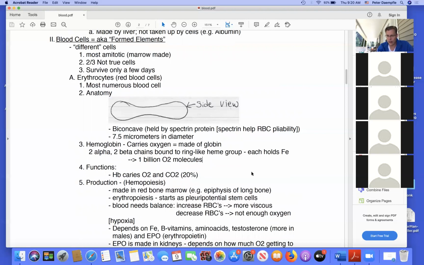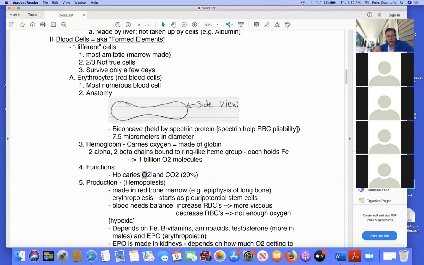Each heme group carries an iron, which carries oxygen. And of course, iron oxide is rust. So that's a good table talk conversation over dinner. Each of our red blood cells is filled with rust. That is how we carry our oxygen. So HB is the abbreviation for hemoglobin. You should get used to that. HB is hemoglobin.